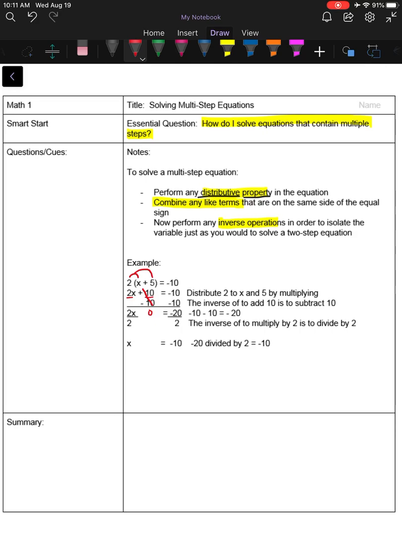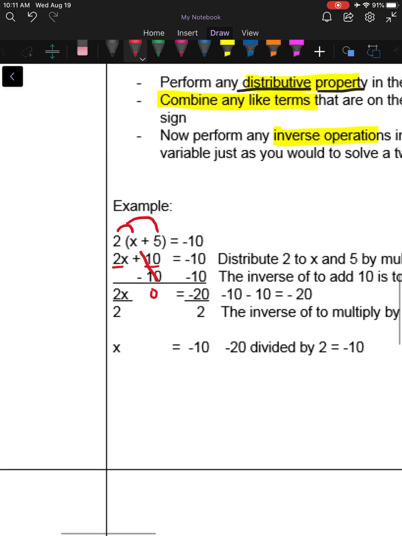So we have negative 10 minus negative 10, right? So if you owe someone 10 bucks, then you borrow 10 more bucks, now you owe them 20 bucks. So we get negative 20. So now what we're left with is 2x equals negative 20. Well, we do the inverse of multiplication, because this is multiplication, remember, which is division, so we divide both sides.